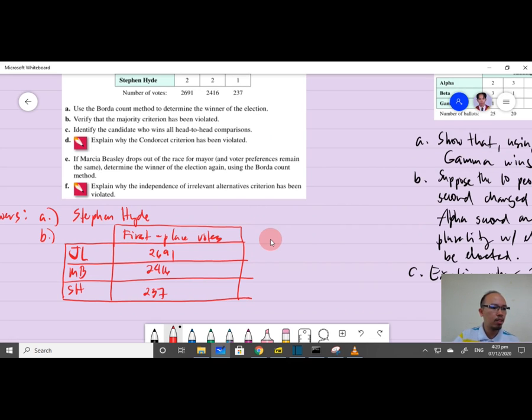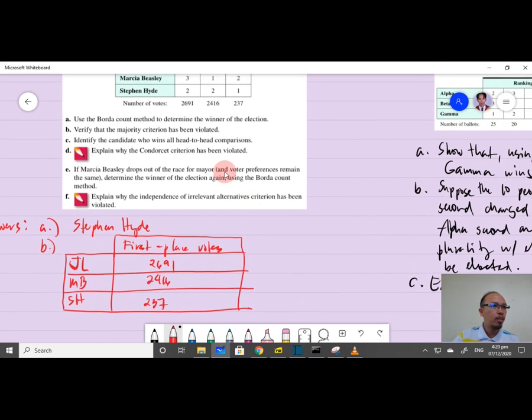So what does this mean? Why does it violate the majority criterion? Okay, since as you can see in letter A, using Borda count, the winner is Stephen Hyde. However, if you get the majority of the first place votes, the winner is John Lawrence. Okay, this one here, this is the winner.